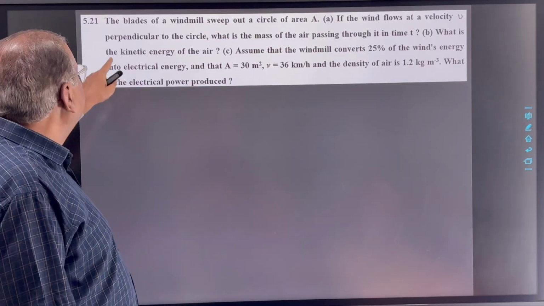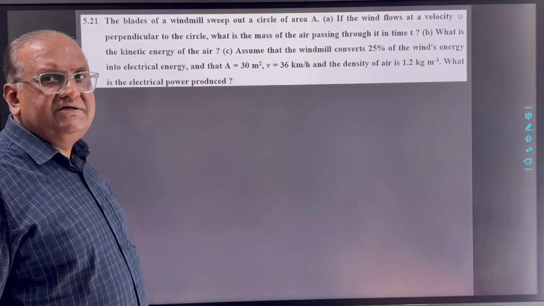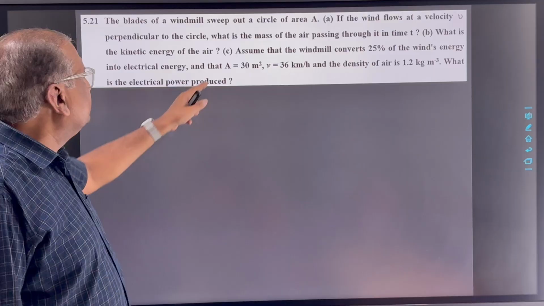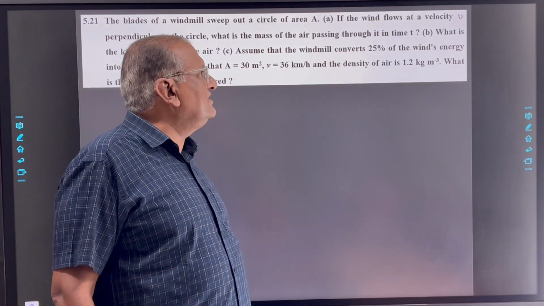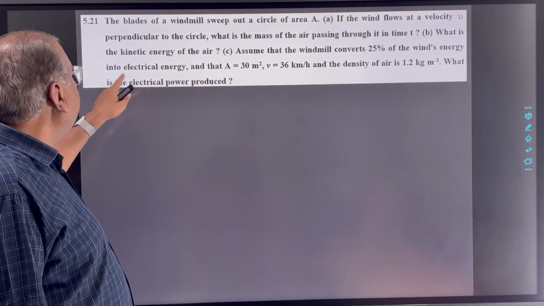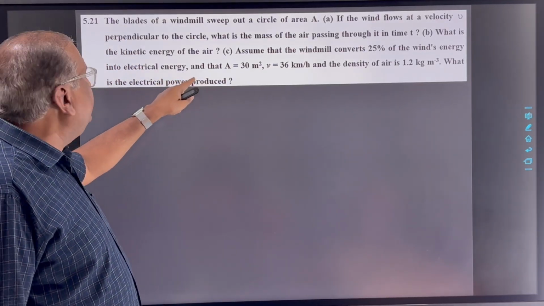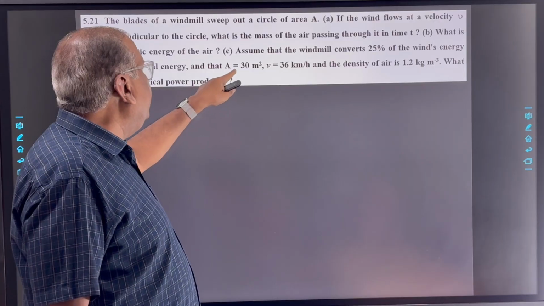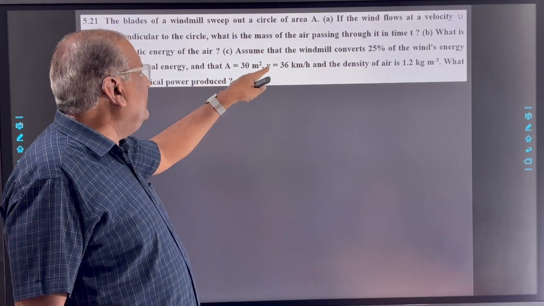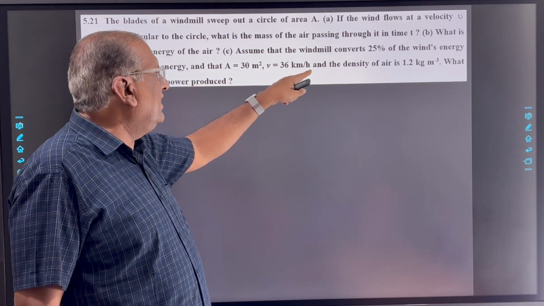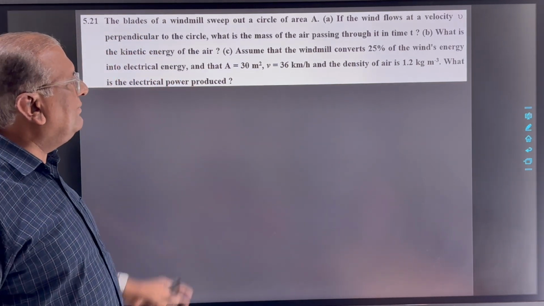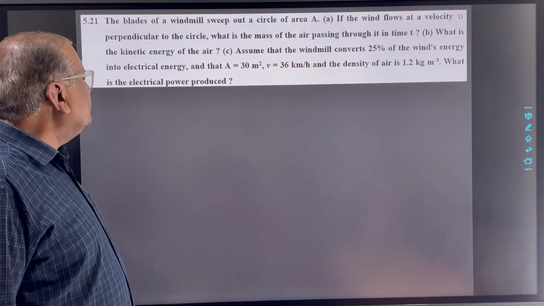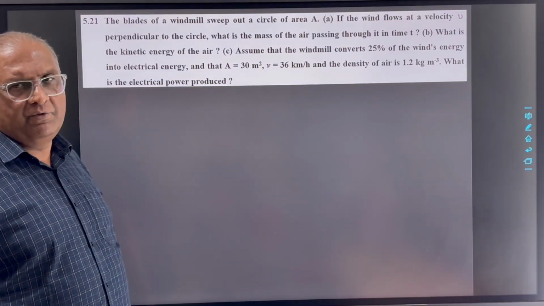Second question, what is the kinetic energy of the air? Third, assume that the windmill converts 25% of the wind's energy into electrical energy and that A equal to 30 meter square, v, that is 36 kilometer per hour, and the density of air is 1.2 kilogram per meter cube. What is the electrical power produced?